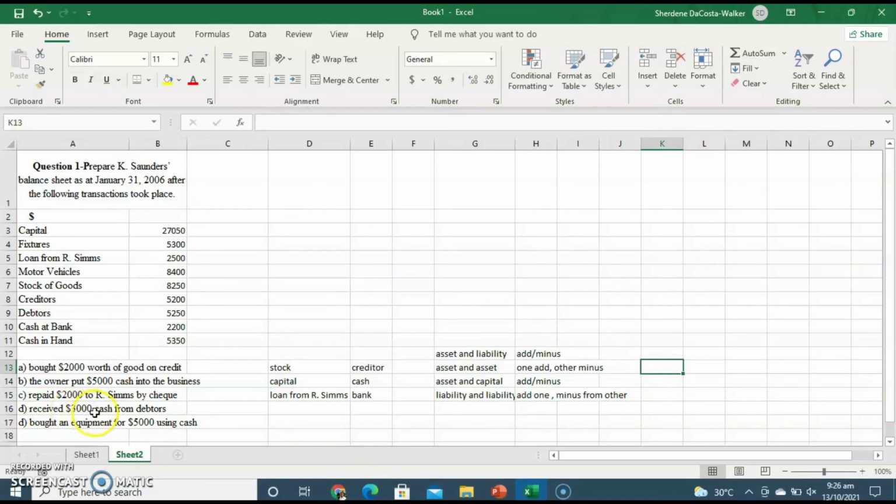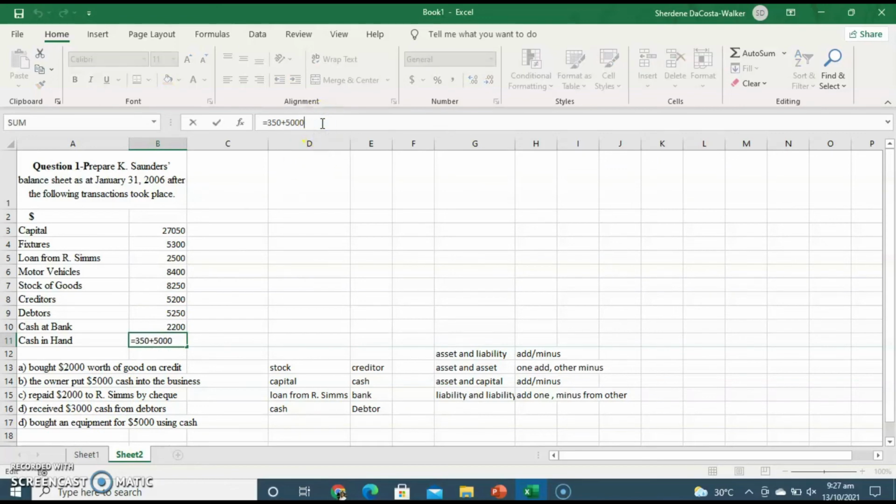Receive 3,000 cash from a debtor. So we receive cash. So the cash is going to change and debtors is going to change. Right? So what is going to happen to the cash? It says receive cash, so we're getting cash. So we're going to change our cash in hand. Because we, the business, are getting the money, we're going to add 3,000.